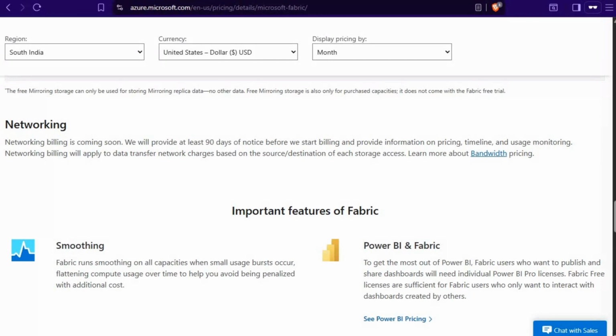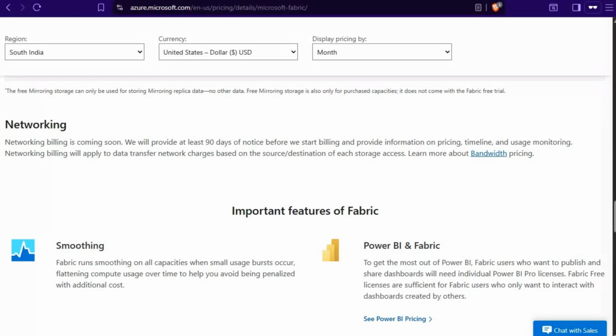Another option available is a free trial or evaluation. Before committing to a purchase, you can start with Fabric's free trial. By going to the Fabric website or Azure, you can enable Fabric in a free mode. This lets you test out the features at no cost.